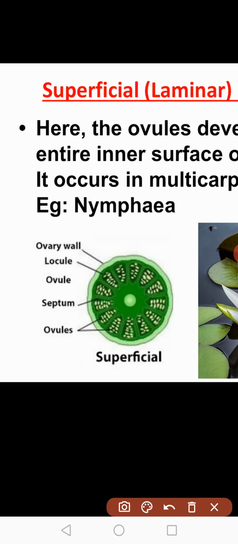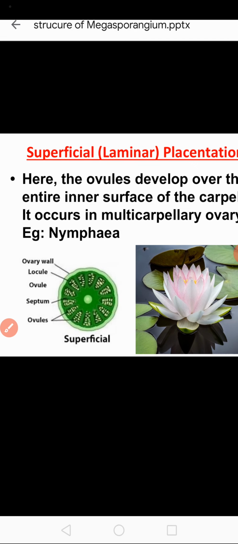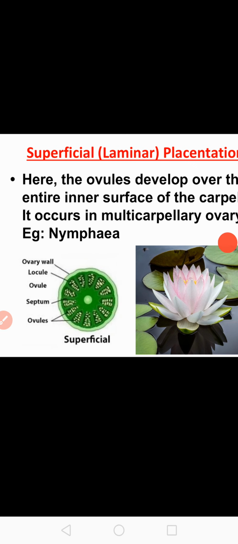Because of the presence of septa, the ovary is divided into many chambers, right? So these are the septa. Now the ovules arise from both the sides of the septa. So you can see here the ovules develop from both the sides of the septa, and this type of placentation is called superficial, and it is seen in nymphaea.